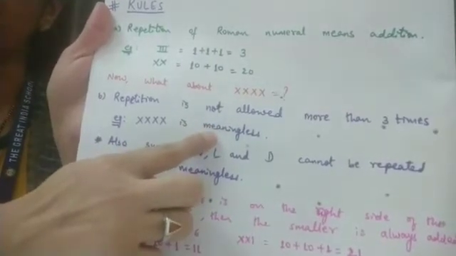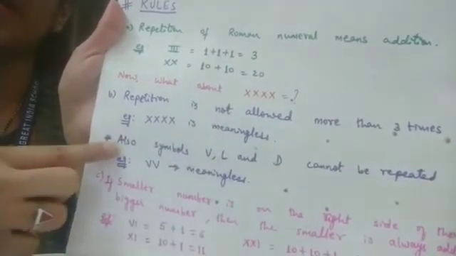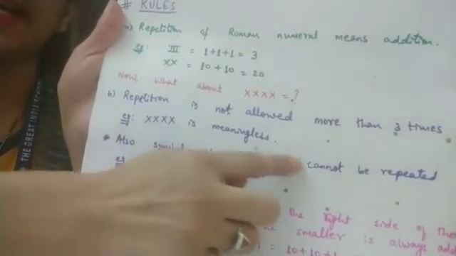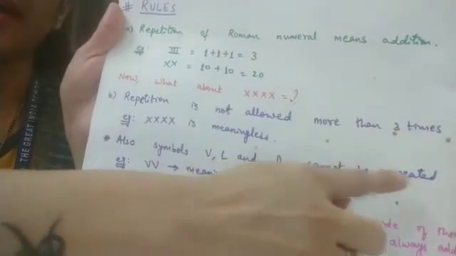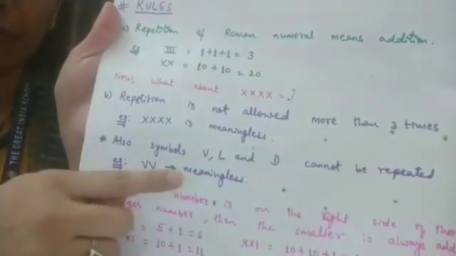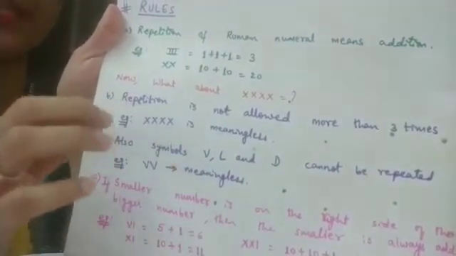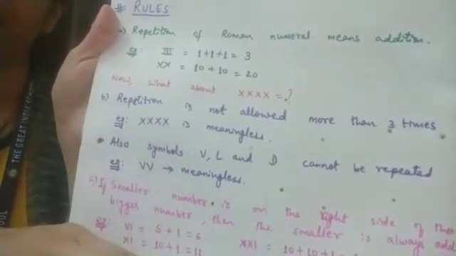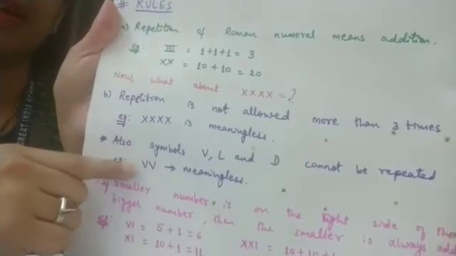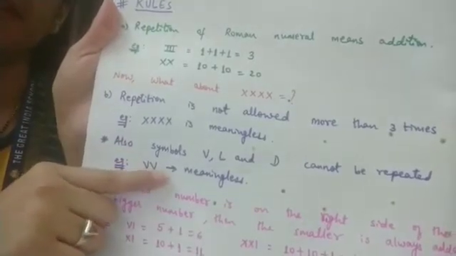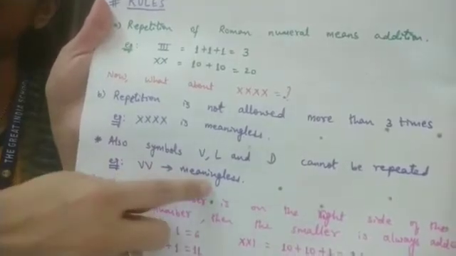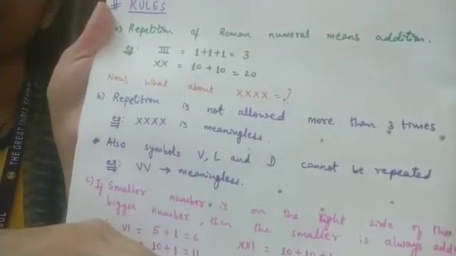Also, the symbols V, L and D cannot be repeated more than 1 time. For example, if we write VV, it is meaningless. We can't symbolize it in Hindu-Arabic numerals.